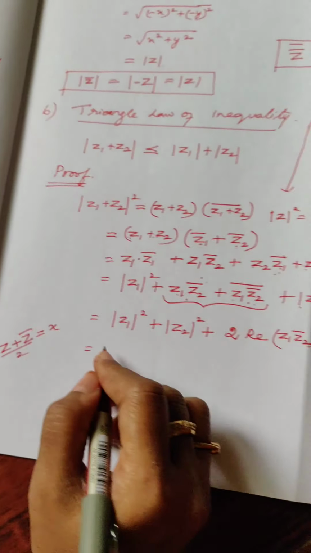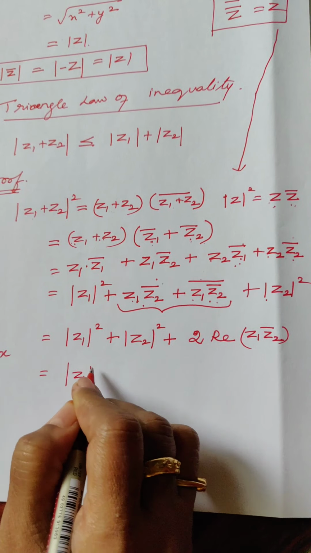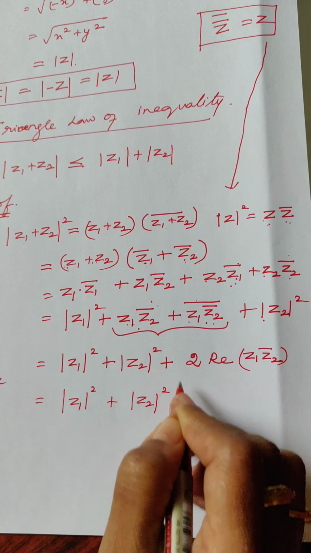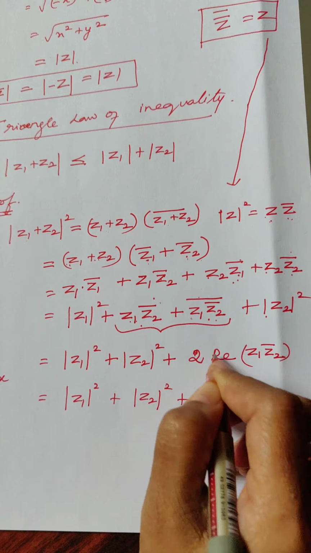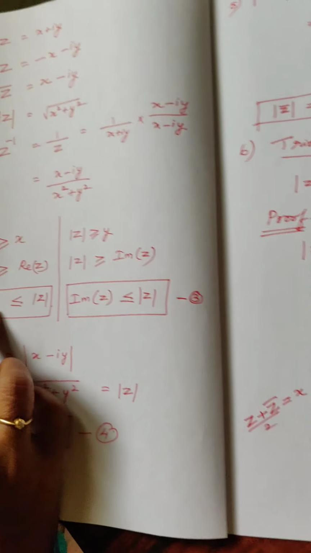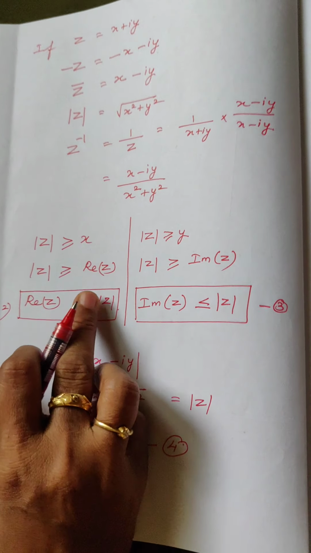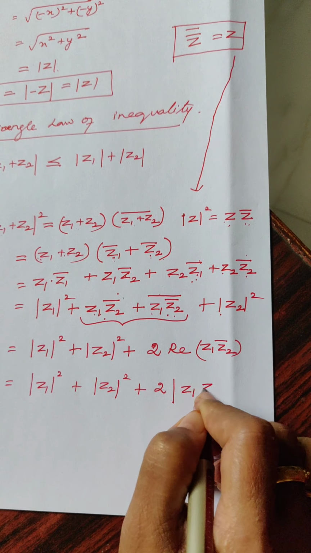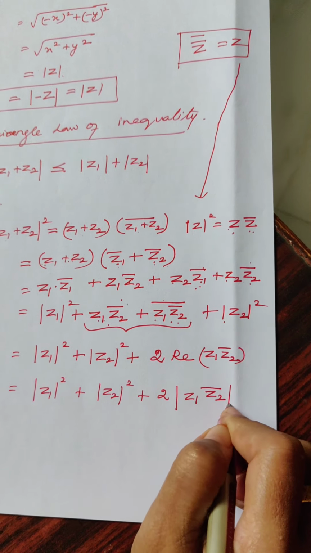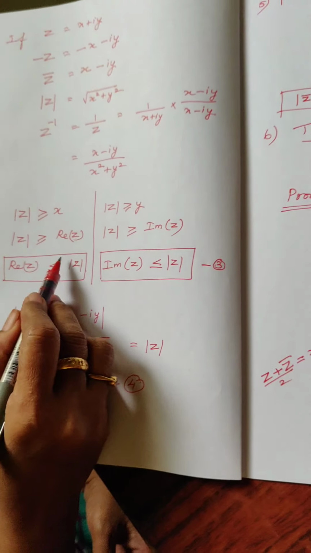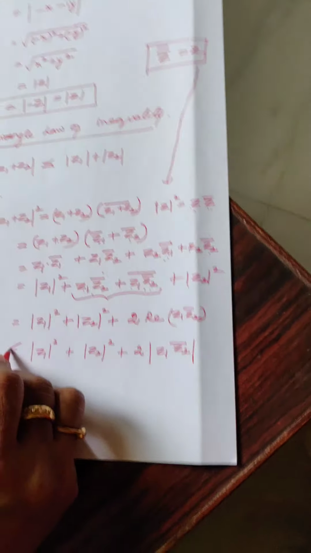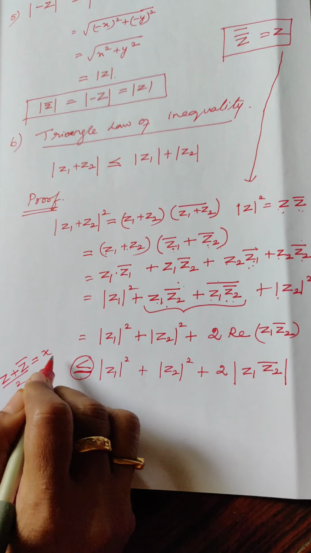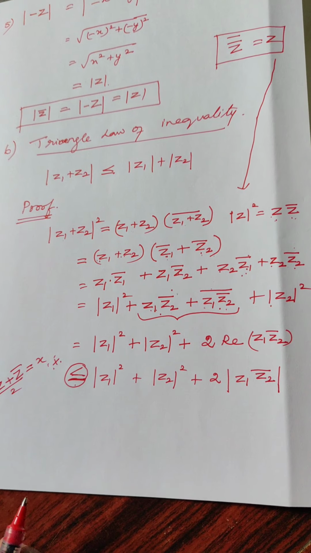So I can write this as modulus of z1 square plus modulus of z2 square plus 2 times the real part of this, which can be represented as modulus of z1 z2 bar. Is it clear now? But we have to use the symbol lesser than or equal to, not equal. This is very important.